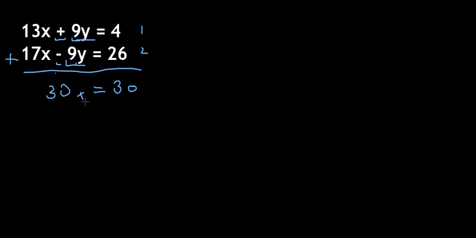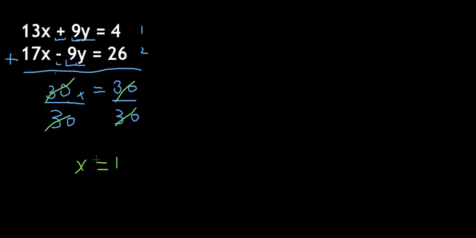Now if we have to remove this 30 from this variable x, we have to again divide both of the sides by 30. So what we have got is 30 over 30 and 1. Therefore the value of x equals 1.